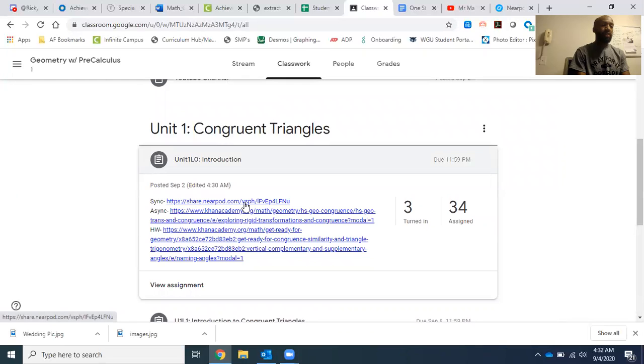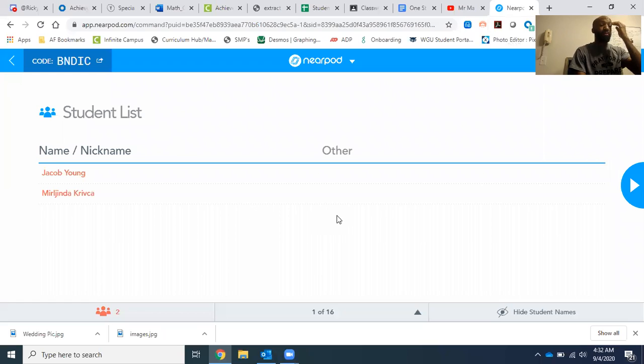Please go to the link for synchronous time, since we have synchronous first, and then asynchronous afterwards. So that's the two classes that you'll see on your schedule. So the synchronous first, please go to the top link, okay? And it will bring you to Nearpod. Once you sign in, I'll be able to see your name and all of that information right there.